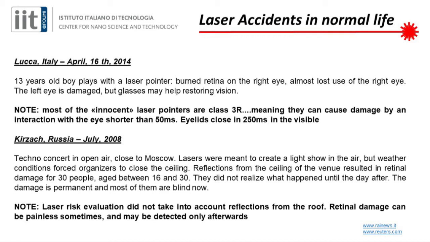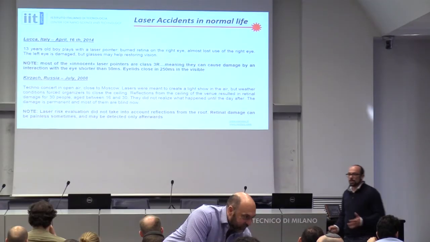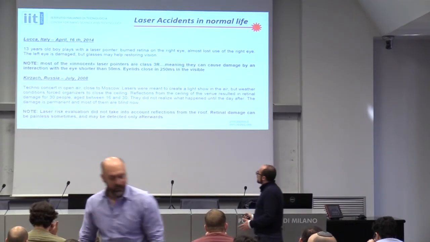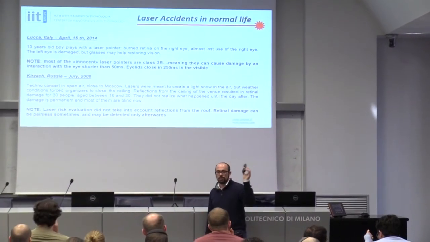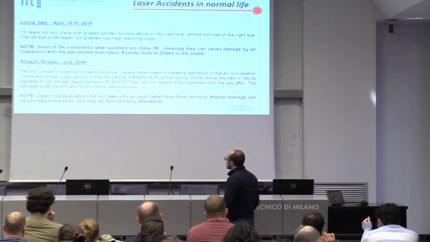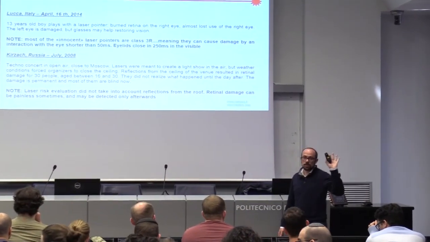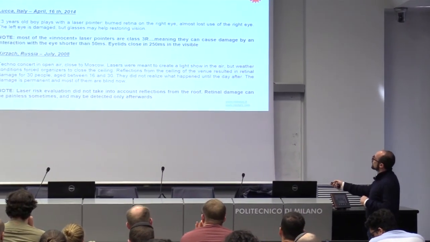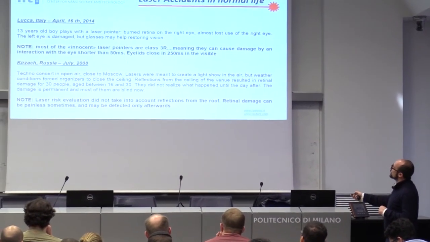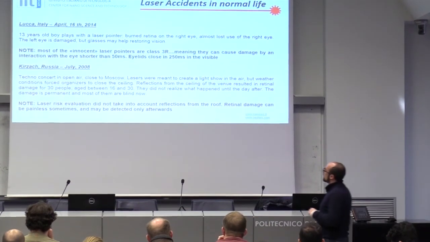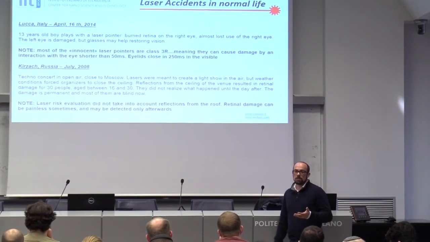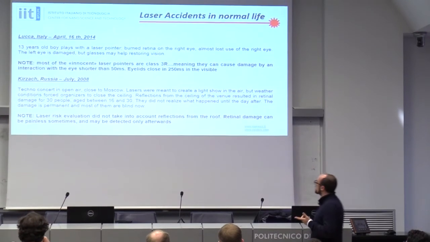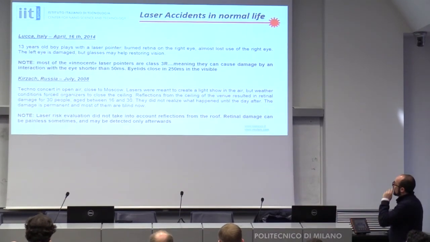The left eye was also damaged in the end, but with glasses he may actually see. He's not going to be completely blind, but he was just playing with one of these. So they're pretty legal, okay? They are totally legal. And this is the point I told you. Actually, this kind of laser can give you trouble in less than 50 milliseconds, but it takes you 1/4 of a second to close your eyelids.